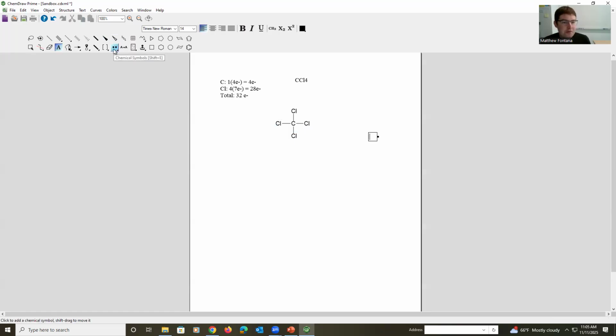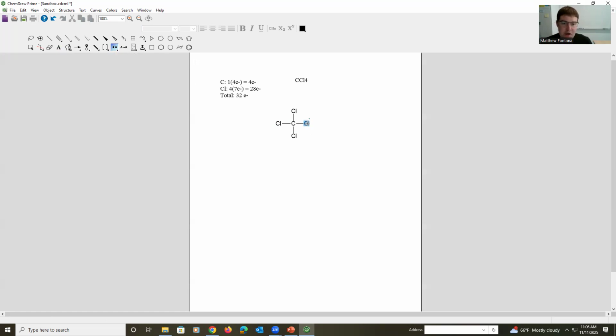Now what we want to do is make sure that every atom has an octet. And so if we look at the chlorine atom, we see it only has two electrons associated with it because it has two electrons between the carbon and the chlorine. So that carbon-chlorine single bond counts for two electrons. So I need chlorine to have eight, which is an octet.